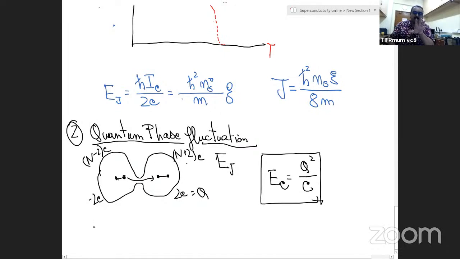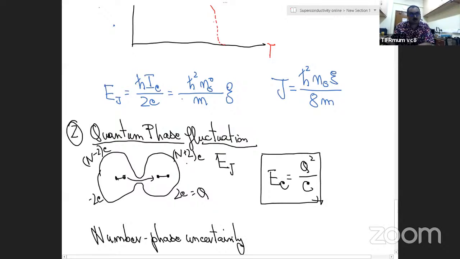Actually, it's a quantum mechanical concept of coherent state, which is called the number phase uncertainty principle. The number phase uncertainty principle tells you that delta n times delta theta is greater than or almost equal to 1.